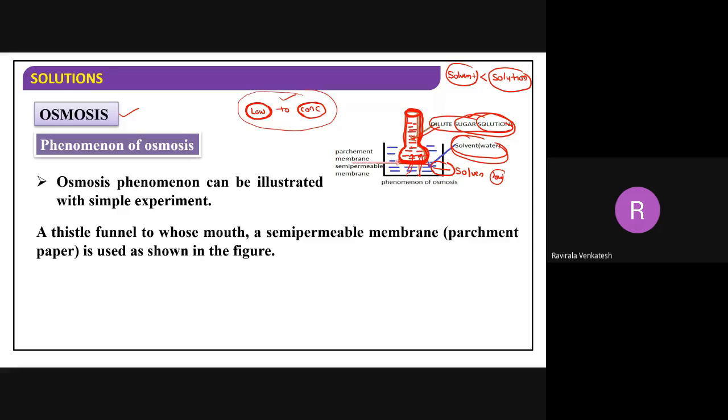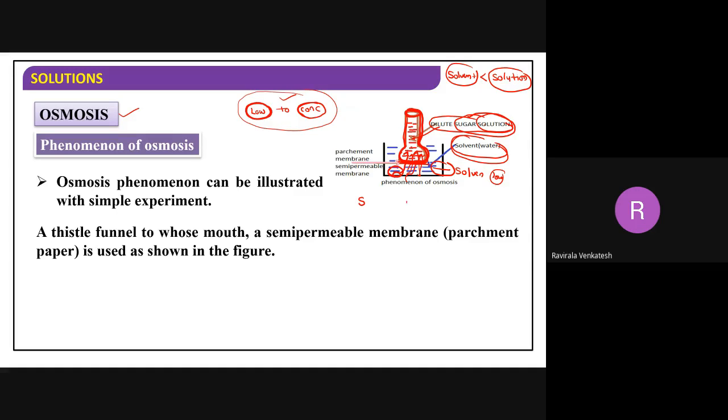Based on that, definitely solvent water will move towards the sugar solution. Always, this is a natural, spontaneous phenomenon in which whenever two solutions are separated through a semi-permeable membrane, solvent, but not solute, will move from lower concentration to higher concentration, otherwise solvent to the solution side.